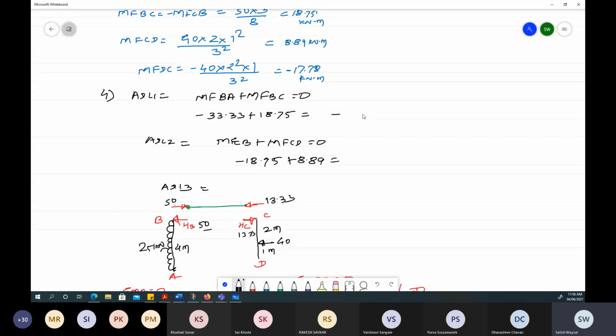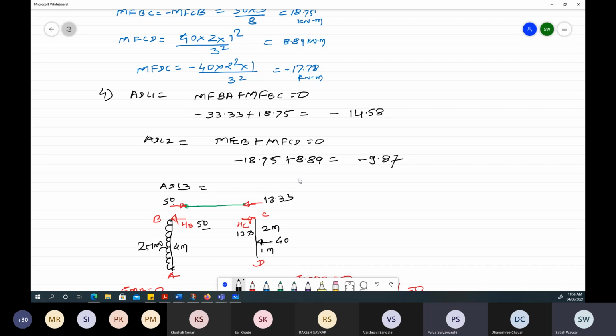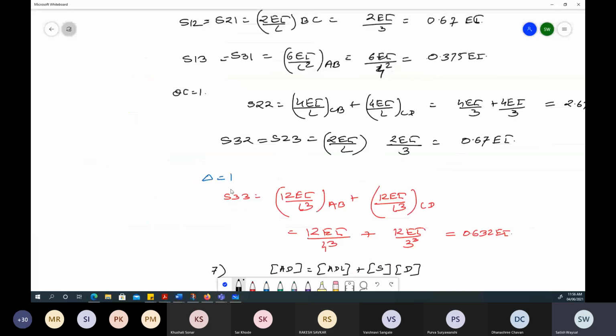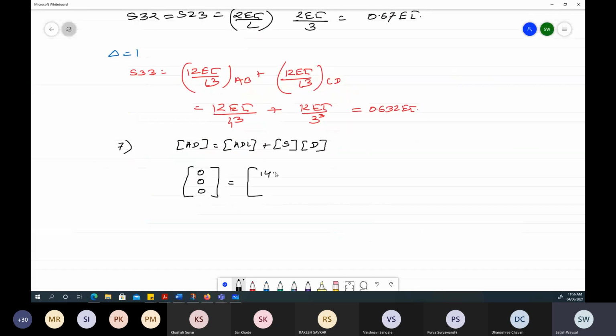I have calculated this: minus 14.58, minus 18.75, and minus 9.87, 14.58, 9.87 and 36.67. So just put these values: 14.58, this is minus 9.87, minus 36.